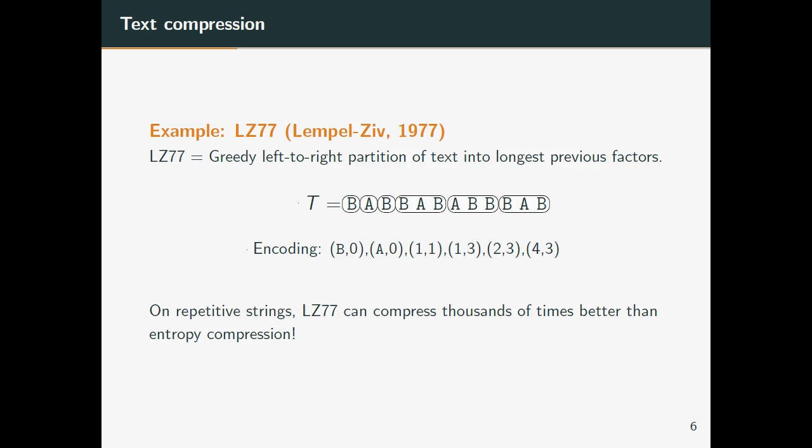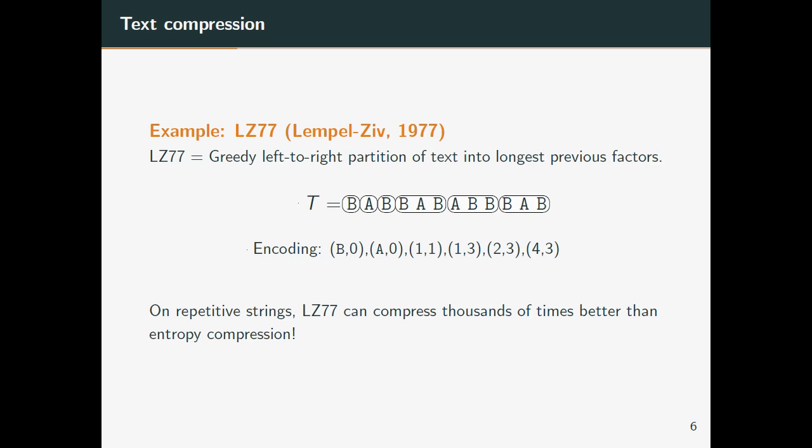In this algorithm, we scan the string left to right and break the string into phrases, where each phrase is the longest substring that appears before. For example, here we have the first occurrences of BA, then we have B, because B appears before, but BB does not appear before, then BAB, because BAB appears before, and so on.